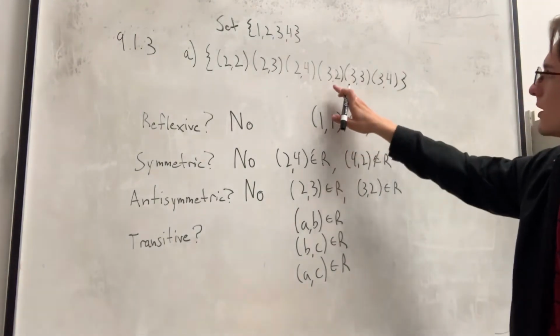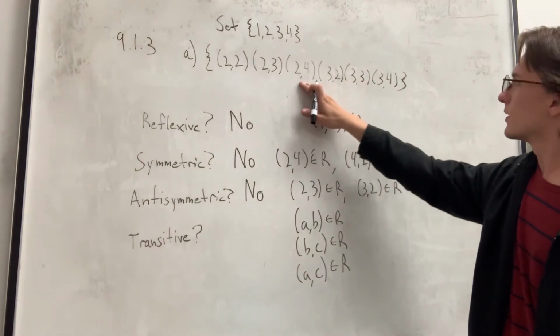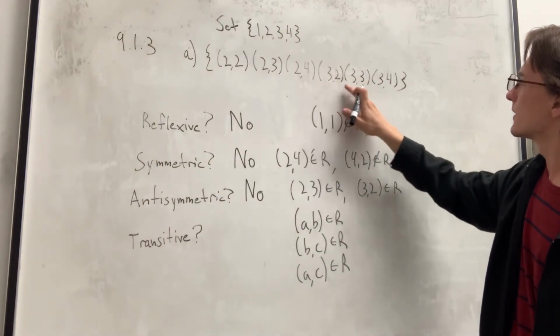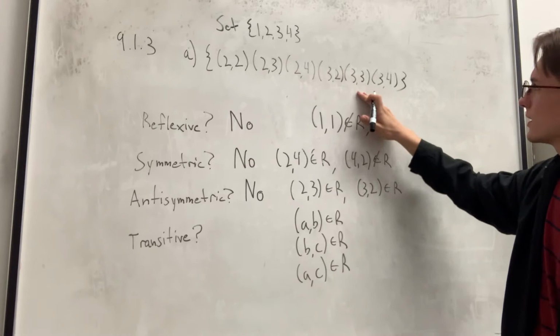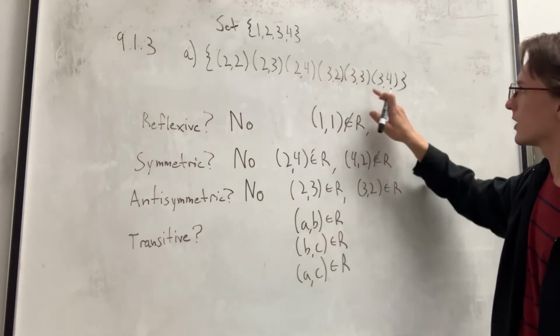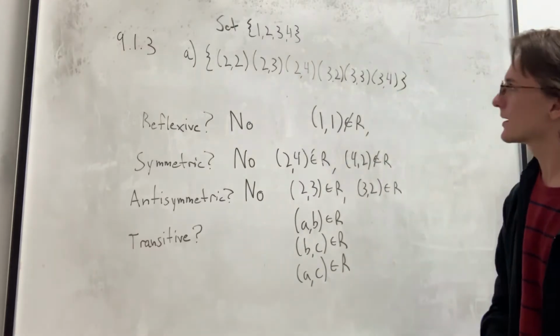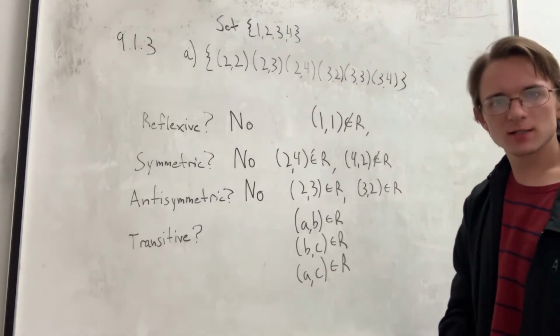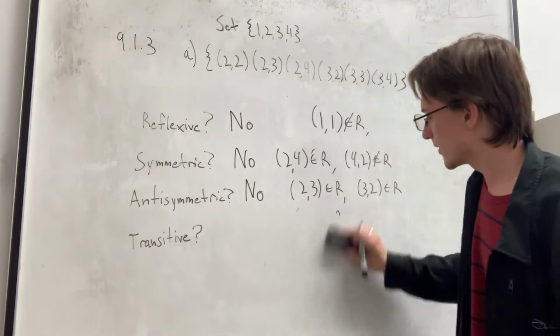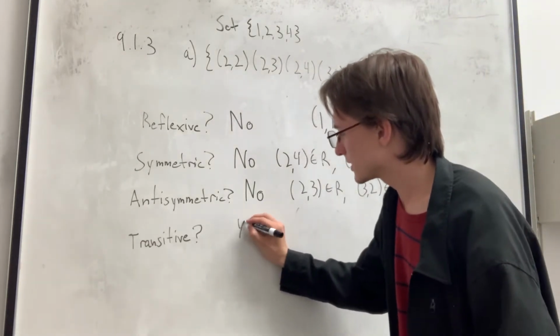We have 3 comma 3 and 3 comma 4, therefore 3 comma 4 should also exist, and that's satisfied by this one here. So I believe it is transitive in all cases. So therefore, we would say yes, it is transitive.